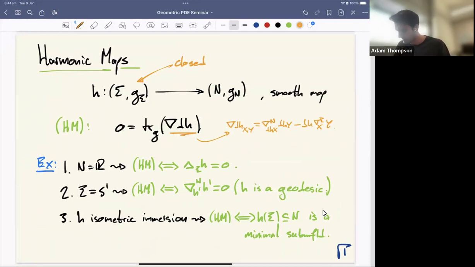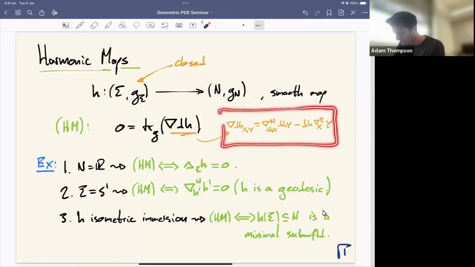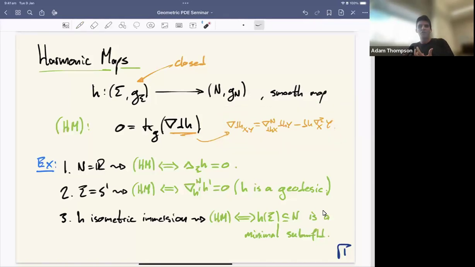There's this natural covariant derivative that I can apply to the differential of this map. I've written this over here on the right. Essentially what it's measuring is how much h, or the differential of h, commutes with the respective Levi-Civita connections, if you like. And then we can trace this and set it equal to 0.